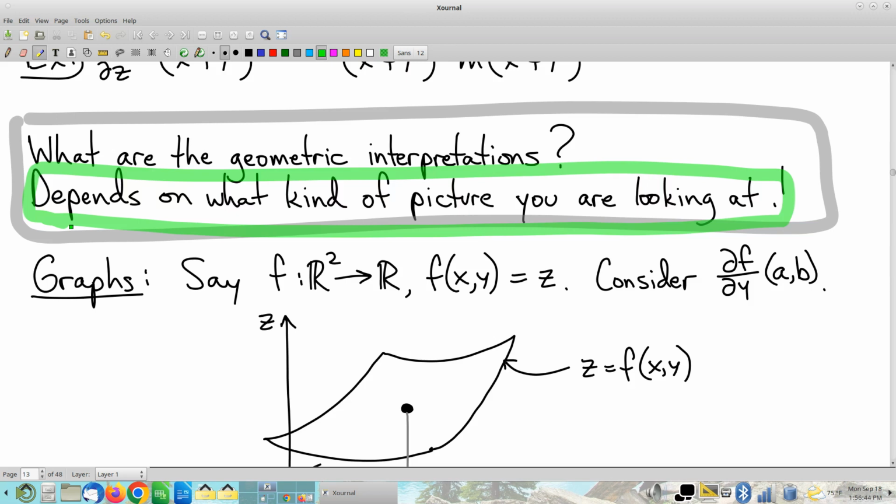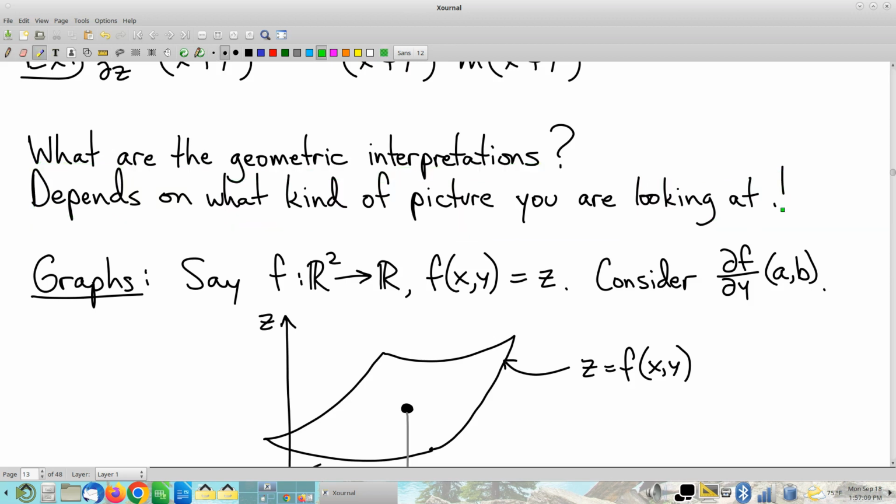And we're going to get an answer. It's going to be very nice. But importantly, the geometric interpretation of partial derivatives that we conclude for graphs only applies to graphs. We're going to have a totally different geometric interpretation for level sets and for another context that we'll talk about when we get there. Okay, so starting with graphs.